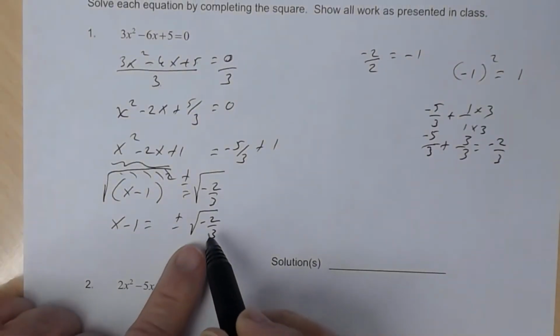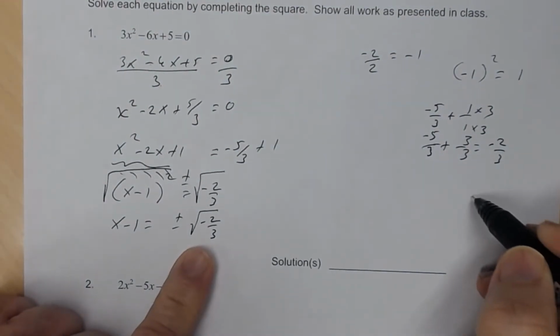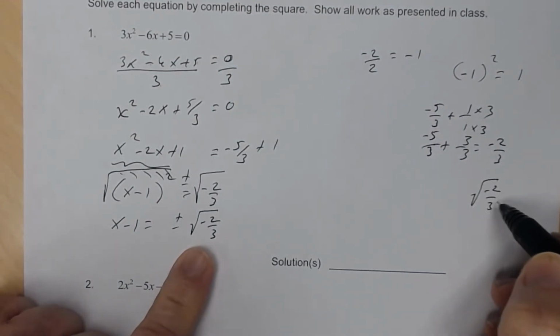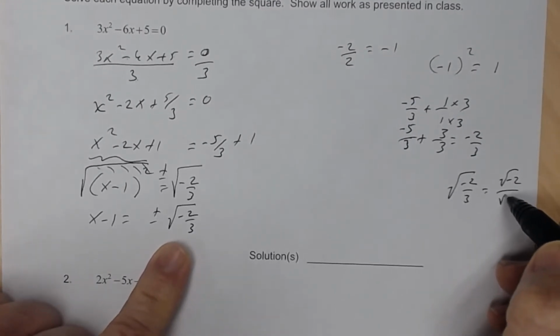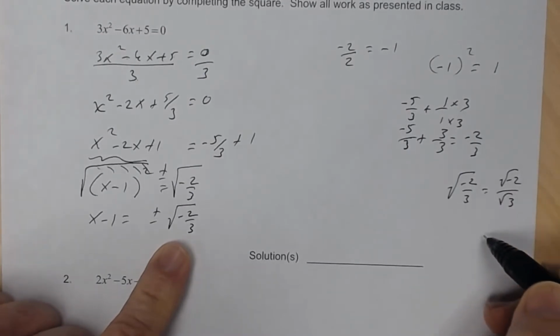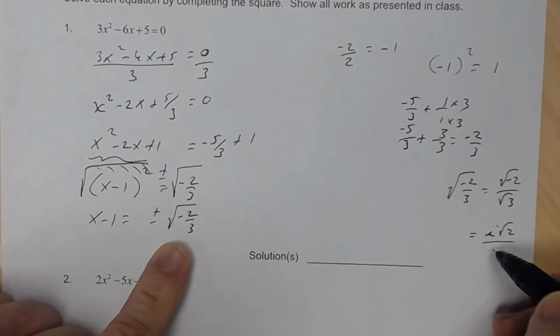Now, let's talk about the square root of a negative 2/3. The square root of a negative 2/3 means the same thing as the square root of a negative 2 divided by the square root of 3. And remember, the square root of a negative 2 is i square root of 2, divided by square root of 3.